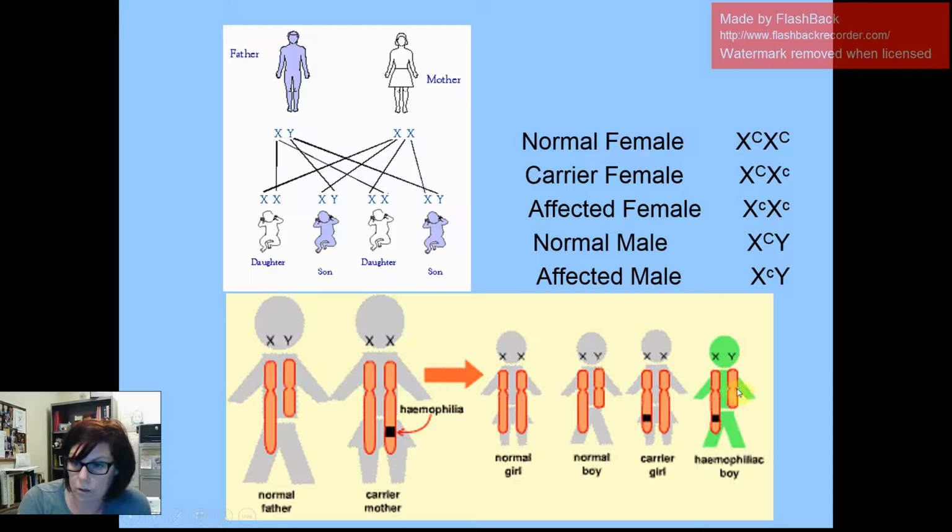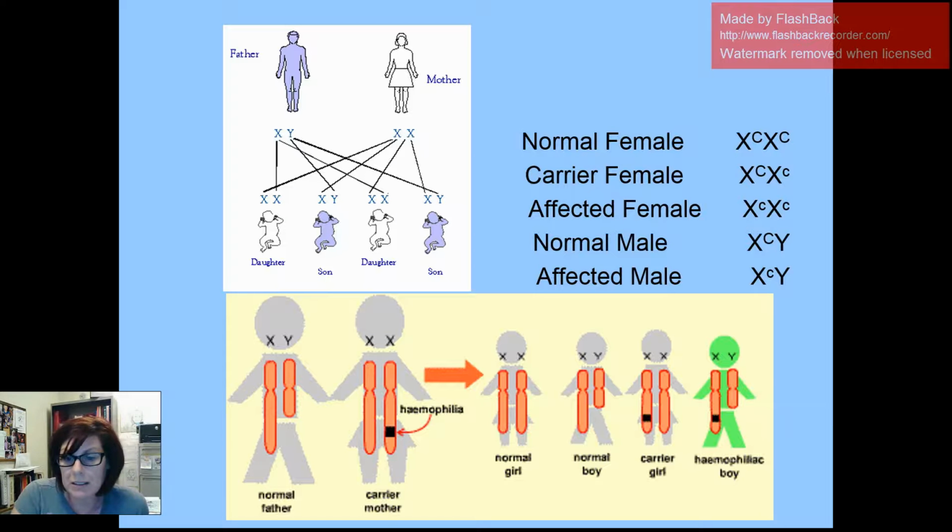Just the Y chromosome. So it's mom that's going to pass on either the dominant to her son for a normal non-affected son, or she would pass on the recessive to her son. So in sex-linked conditions like hemophilia, Duchenne's muscular dystrophy, and colorblindness, an affected male always inherits it from his mother. So his mother has to be at least a carrier.